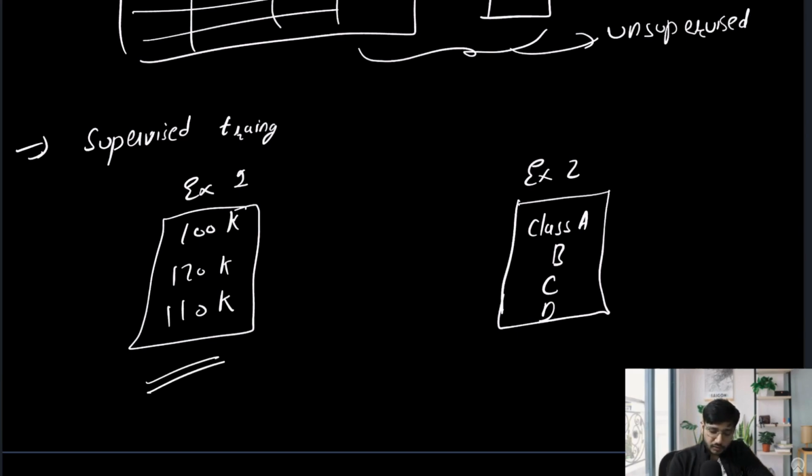Now, when you have this variable data where the values could be from one range to another range, this normally lies in regression. But if you want to predict your data into some particular classes, this is known as classification.